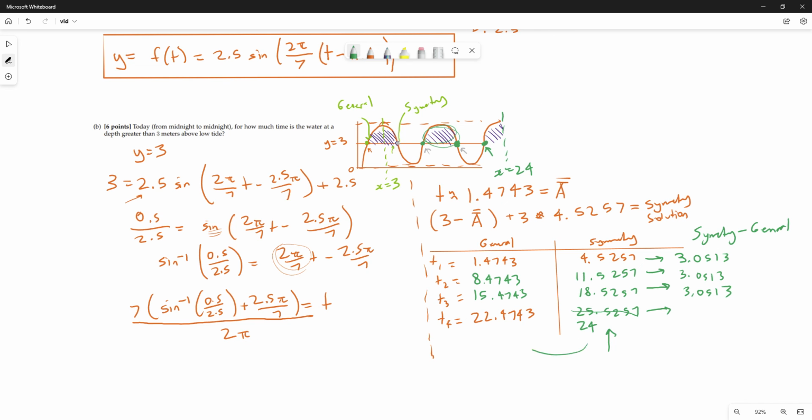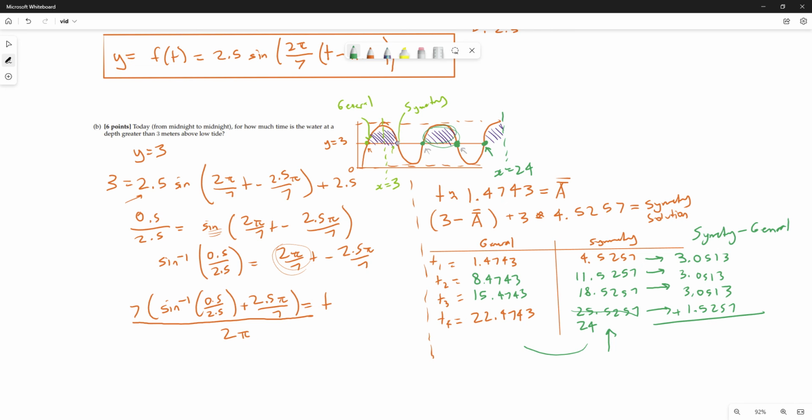Now, for this one, it's a bit special because it ends in the middle of a period. So you're going to do 24 minus 22.4743. So that gives us 1.5257. Now we just add all these numbers up.